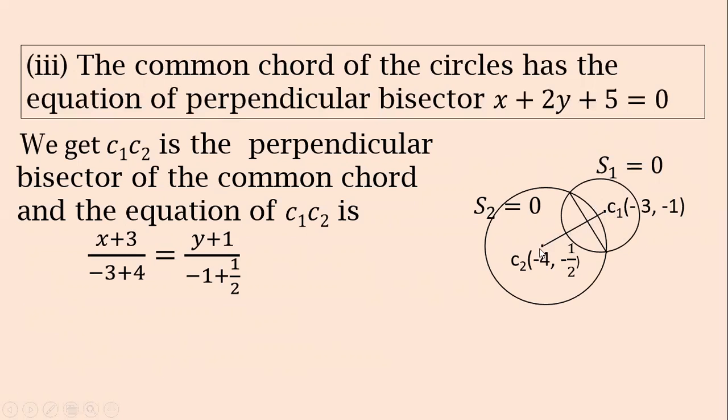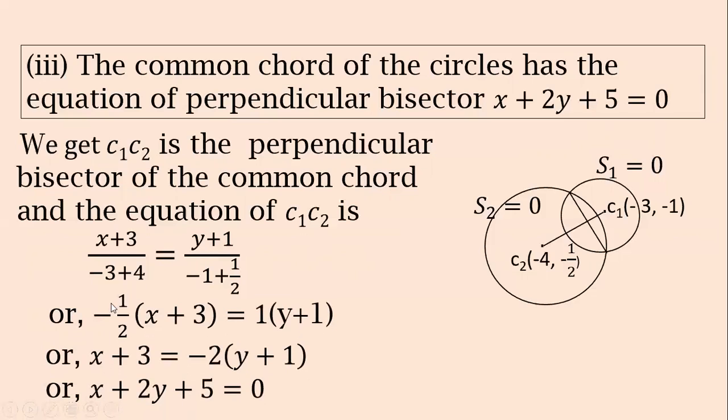See, this is the perpendicular bisector and we want to find the equation of C1C2. So we use the formula (x minus x1) divided by (x1 minus x2) equals (y minus y1) divided by (y1 minus y2), where the points are (x1, y1) and (x2, y2). So we want to find the equation of C1C2, and this is the equation.